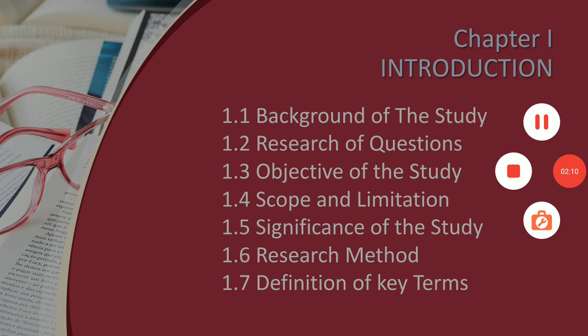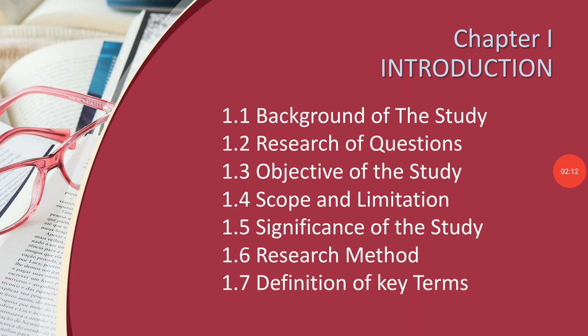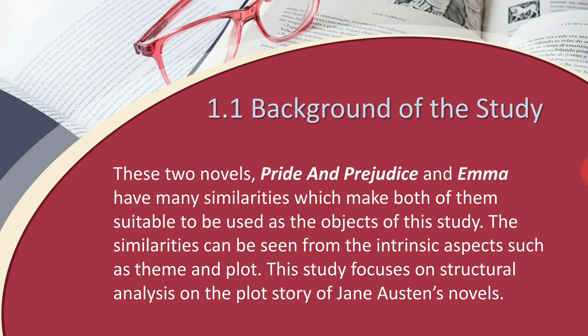The first is the background of the study. In this chapter, I just want to tell you about the background of the study, research questions, objective of the study, and the last one is the research method.